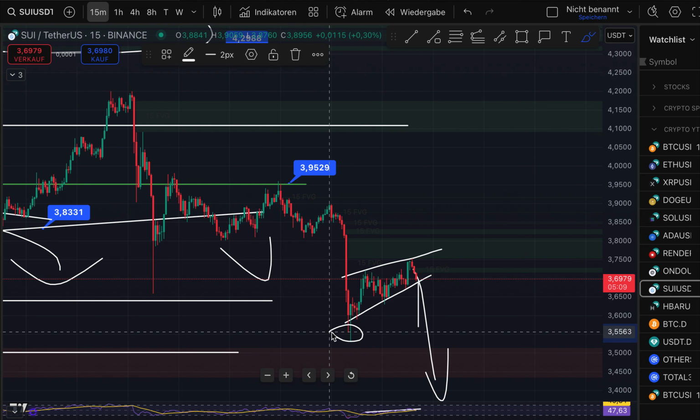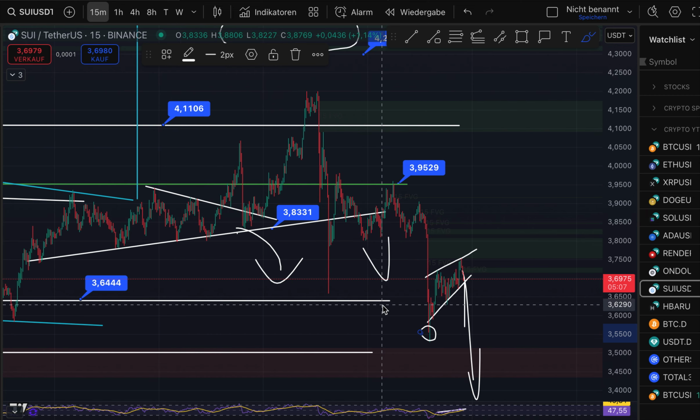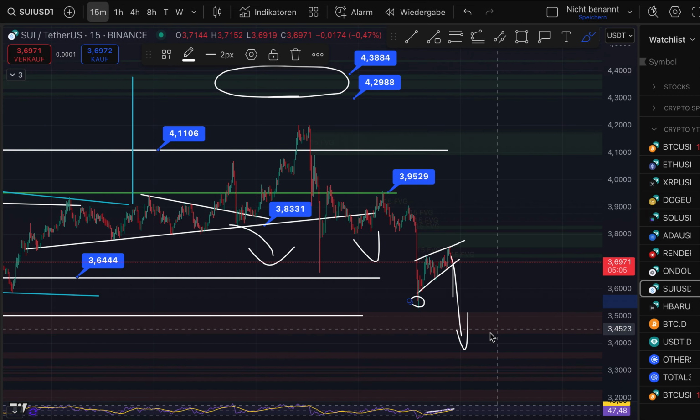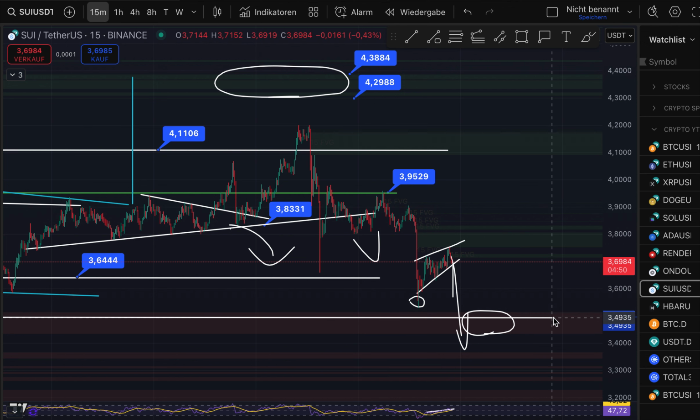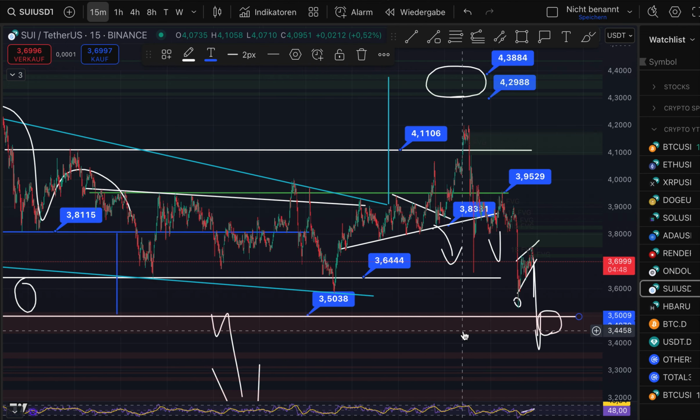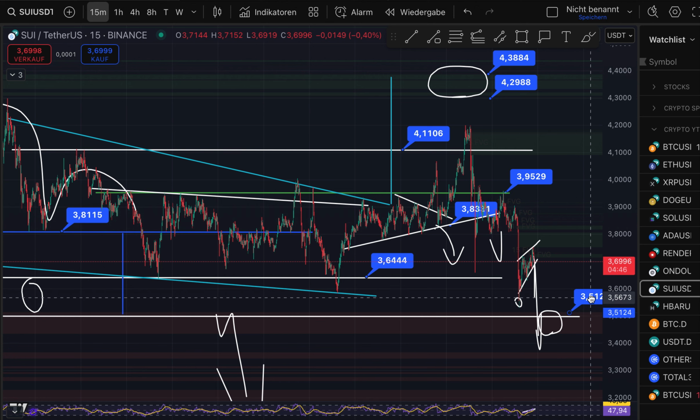This one here. I will also tell you, keep in mind, we have a fair value gap down from $3.51 to $3.44. That fair value gap should get closed in my opinion. We have support at $3.50. That's support.